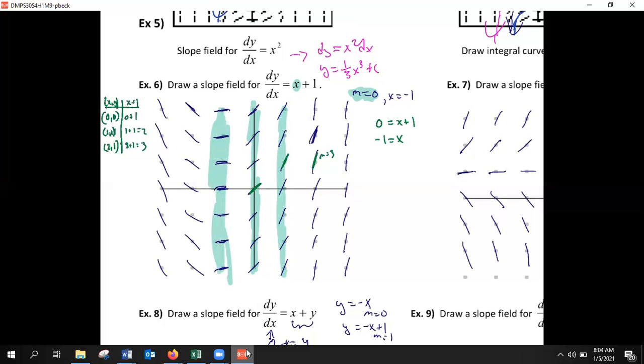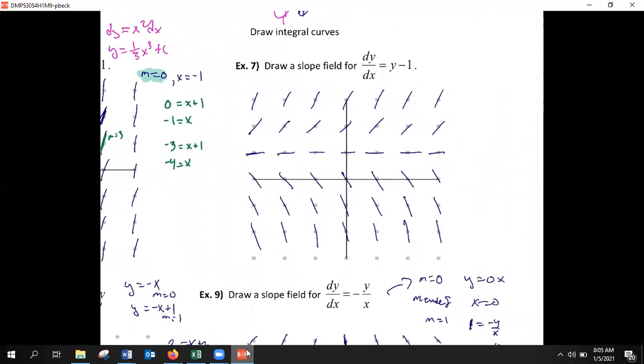If I wanted to say the specific slope of when is my slope going to be -3, my slope's going to be -3 whenever x plus 1 is -3. So when x is -4, we're going to have a slope of -3, which is not on here. But anyway, generalize and start seeing different patterns. And the more patterns you can see, the faster you're going to be able to draw our slope field.